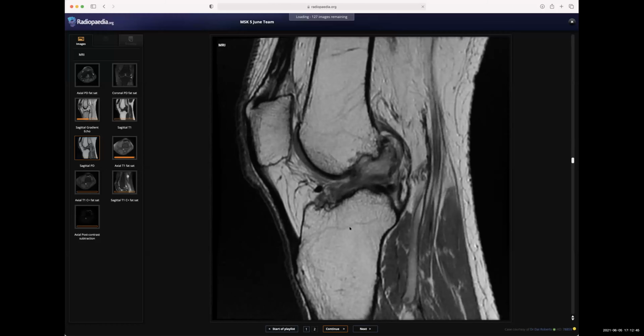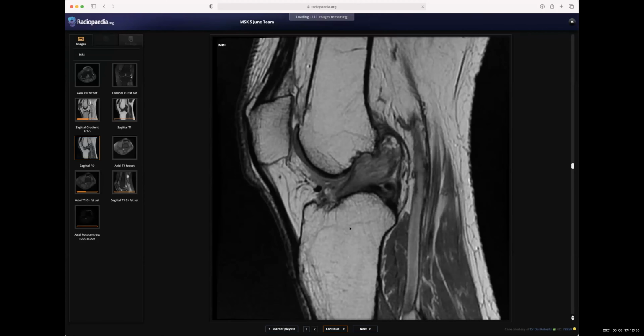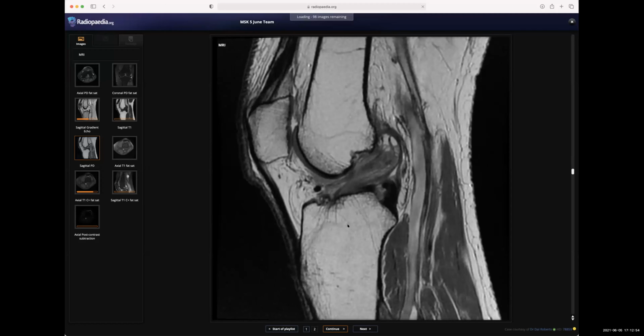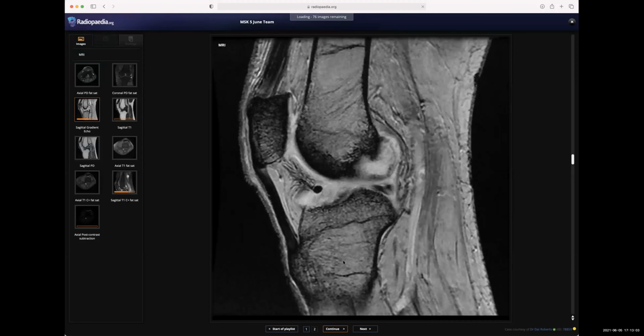The ACL appears a bit thickened, and it shows linear hyperintense signals. I would like to see further imaging.